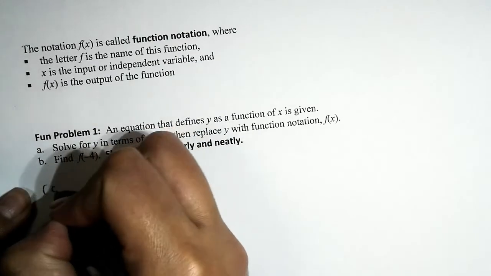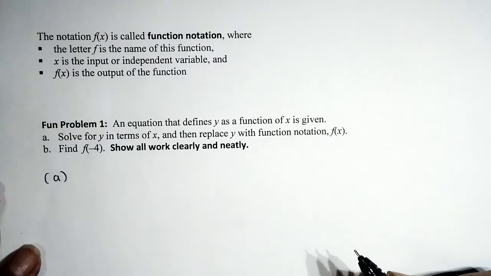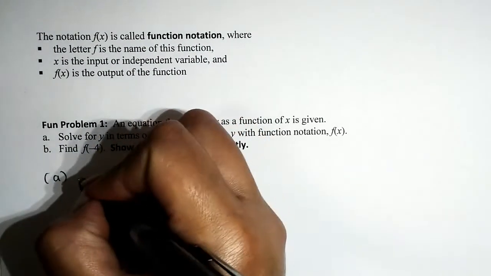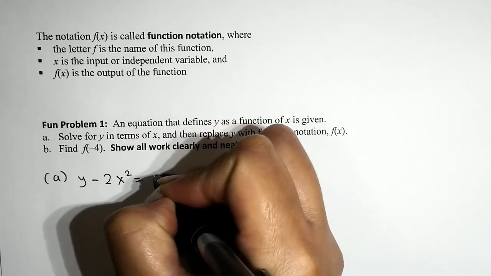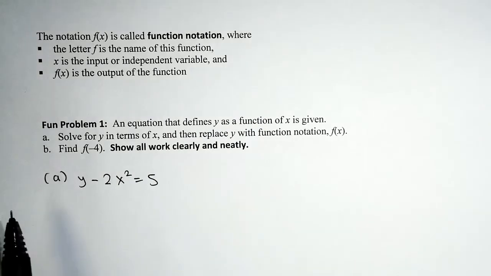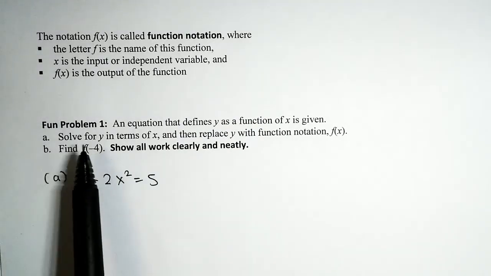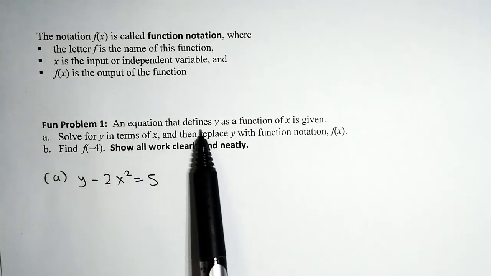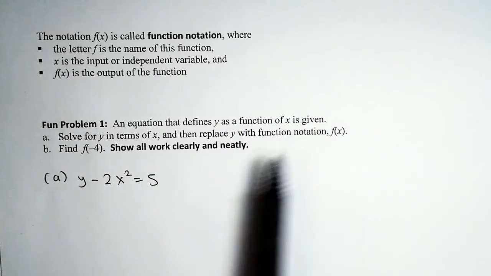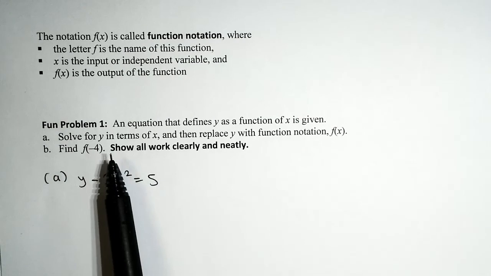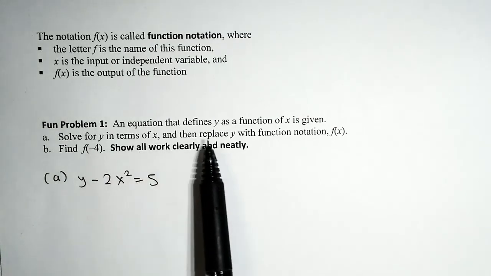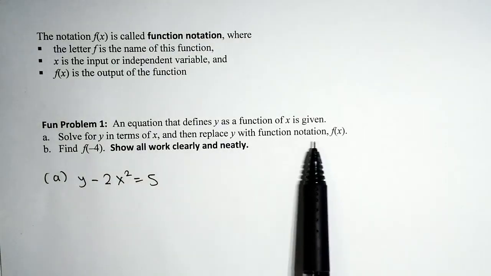Problem A, and the problem that I forgot to write is y minus 2x squared equals 5. So let me read the prompt again. An equation that defines y as a function of x is given. Problem A, solve for y in terms of x and then replace y with function notation f of x.